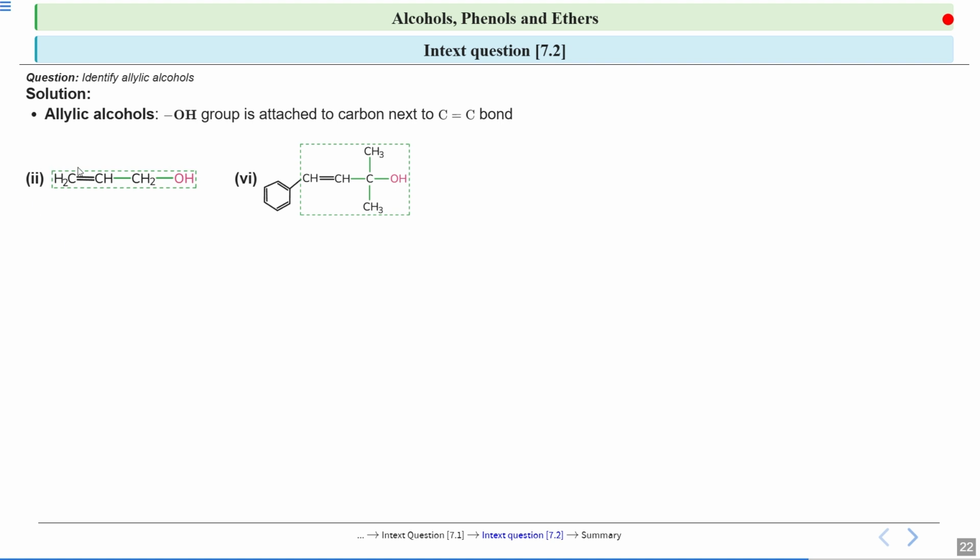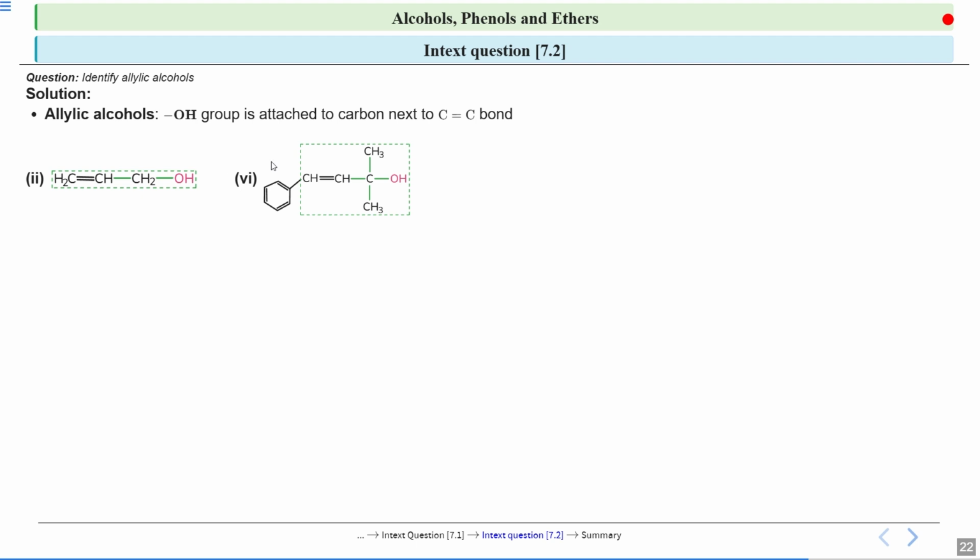In the second structure, the hydroxyl group is attached to this sp3 hybridized carbon, and this sp3 hybridized carbon is attached to the double bonded carbon. This is what allylic alcohols are, right? So the second structure is an allylic alcohol.